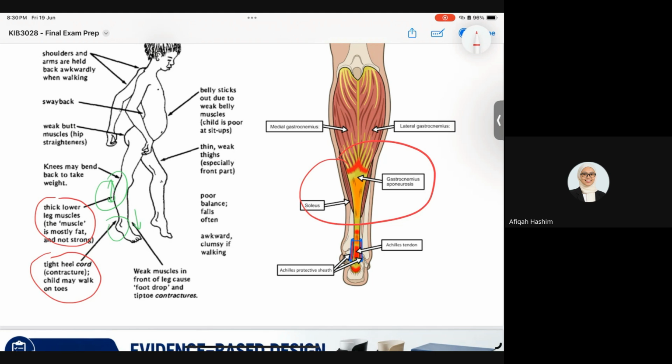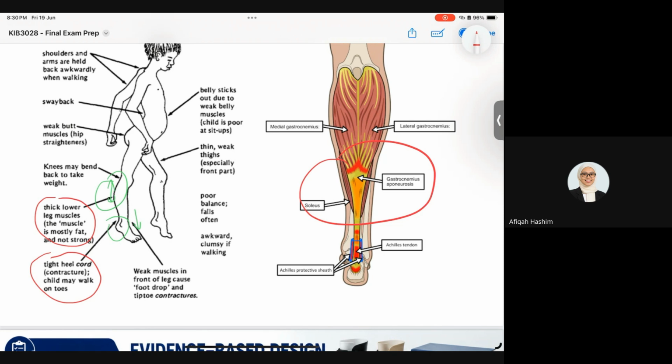So as the muscle fibers die gradually, they are replaced by fat and connective tissue. So although the calf looks big, most of the size is actually fat and scar tissue rather than heavy, healthy muscle. That's why these children with DMD have large calves, but very little muscle strength.